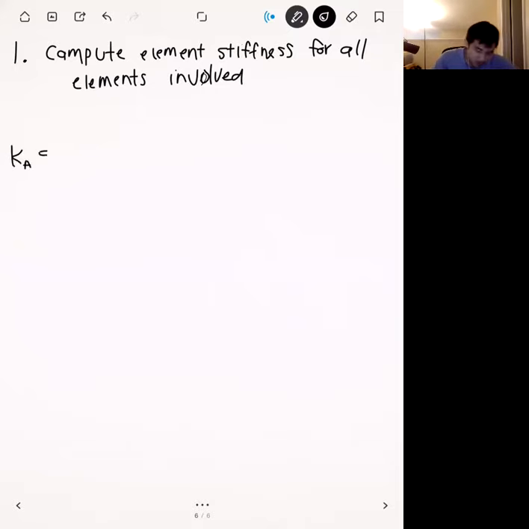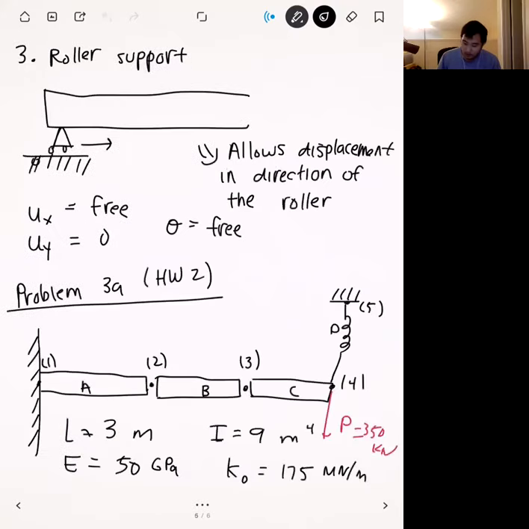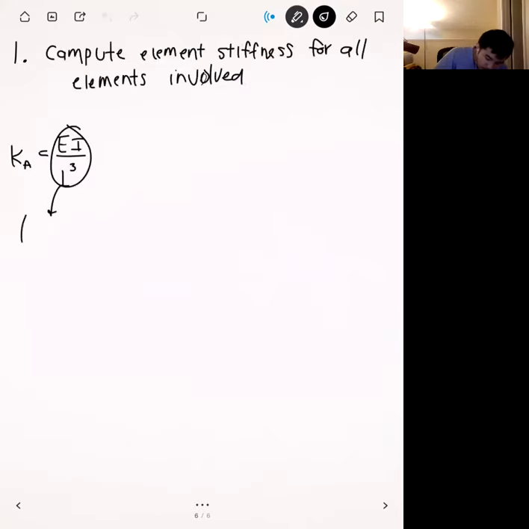Let me start with Ka. This is going to be EI over L cubed, which we can compute now because we have all those numbers. Our Young's modulus is 50 gigapascals, so we plug in 50 E9 pascals. When plugging in material constants, it's good to convert everything into a standard system of units so you're not multiplying apples and oranges.